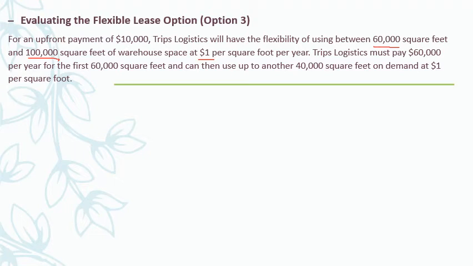If the demand is below 60,000, you need not pay 1 lakh. You can just pay 60,000. If the demand increases to 70,000, you pay only 70,000. Don't pay again 1 lakh, what you had paid in the second option. Even though the demand was 80,000, you had paid 1 lakh rent. No, that condition is not there in the flexible lease option.